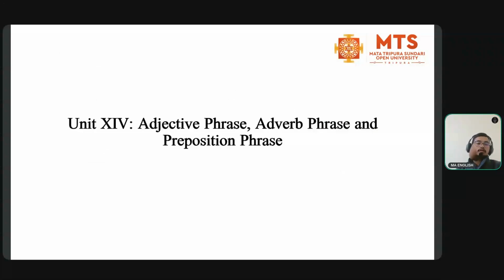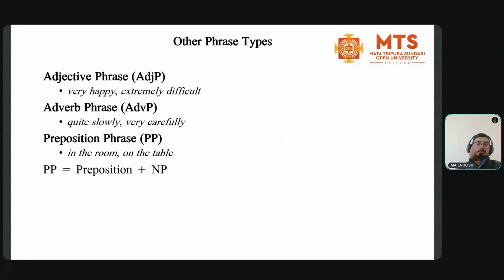Now we have in unit 14 other phrase types, like adjective phrase, adverb phrase, and prepositional phrase, something like that. So now let's discuss them. These are the other phrase types. What are they again? Adjective phrase, adverb phrase, and prepositional phrase, right?